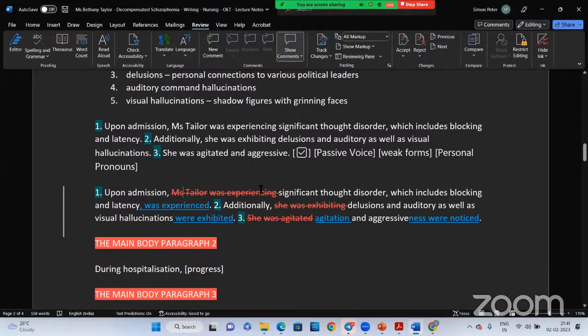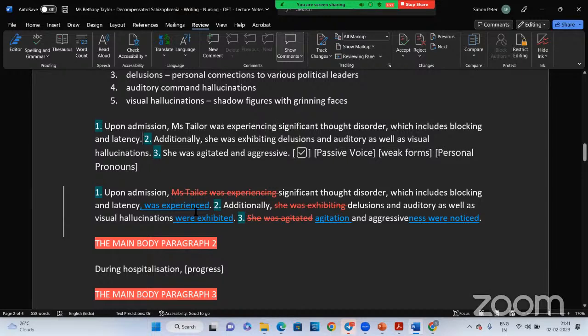Actually here, Miss Taylor was experiencing. This sentence is active voice. Miss Taylor was experiencing, this is not passive voice.